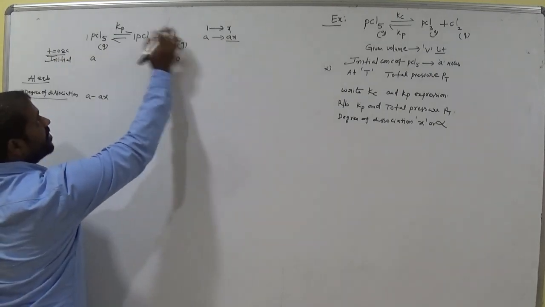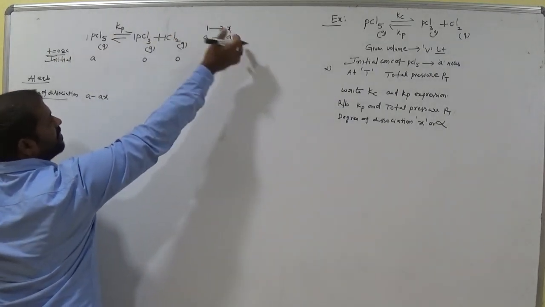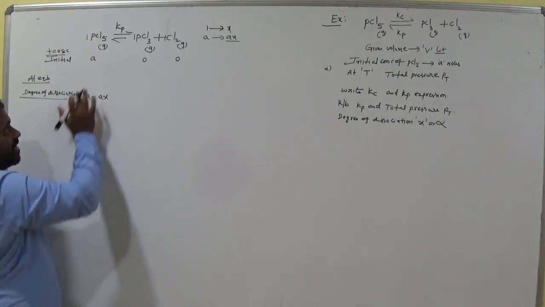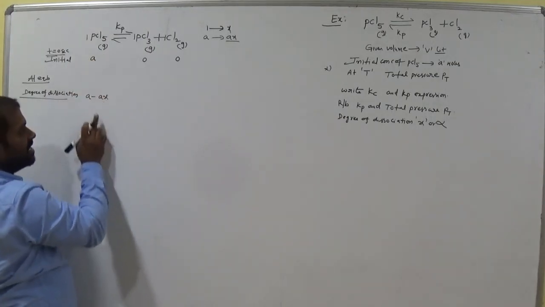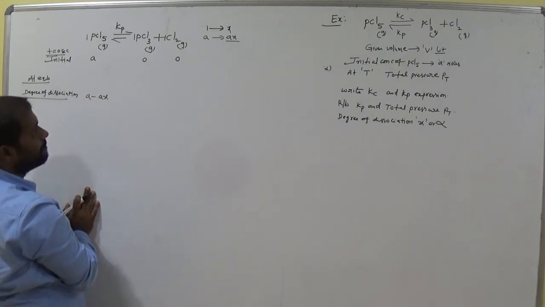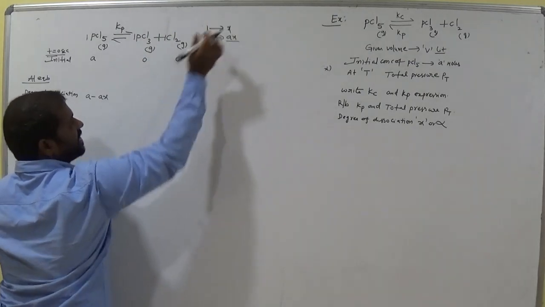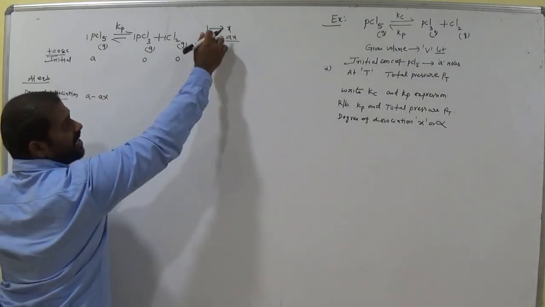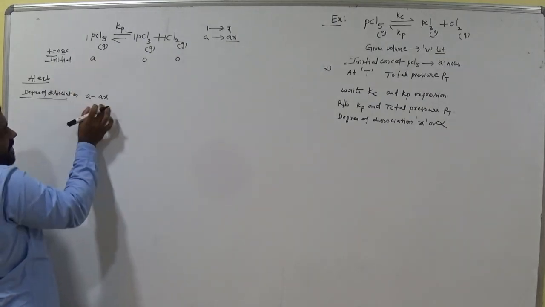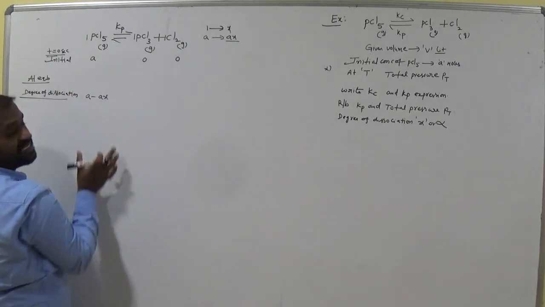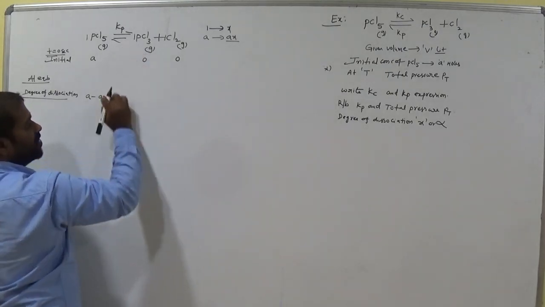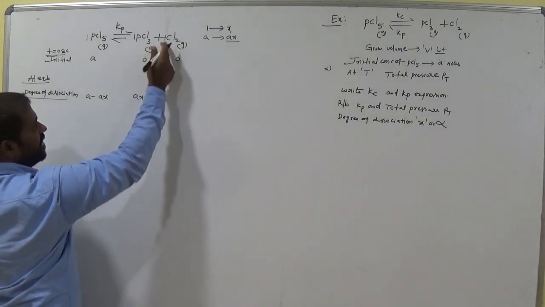Remember this concept. For 1 mole it is x. For A moles how much? A into x is the degree of dissociation. So the remaining moles at equilibrium are total moles minus degree of dissociation, A minus Ax. Is it clear, all of you? Now how many moles are converted as product here? 1 into Ax.